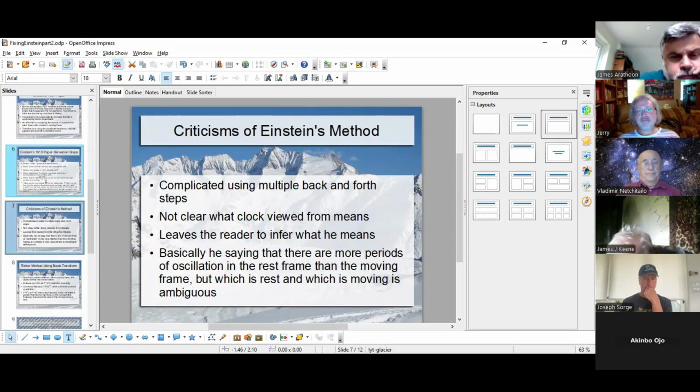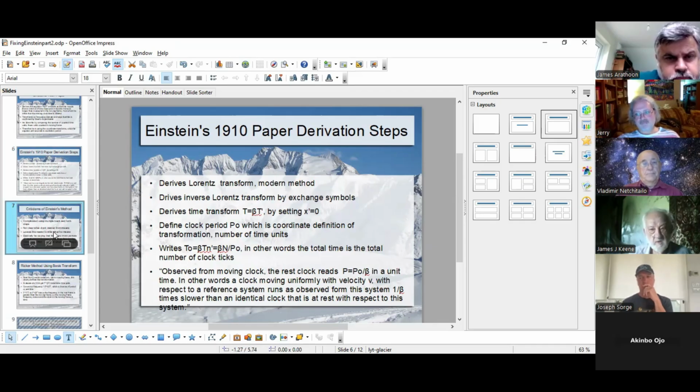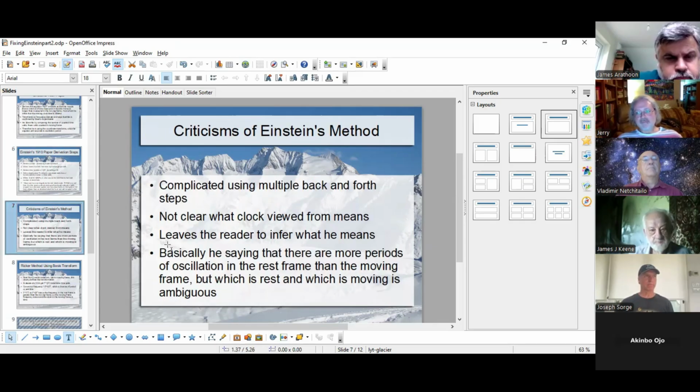He defines the transformation in the moving frame and then goes backwards into the rest frame with the transformation t equals beta t prime. So it's actually the rest clock that's the reference clock making the measurement. The observer in the rest frame is observing a clock in the moving frame, and so it's the observer's clock in the rest frame that's the reference clock.